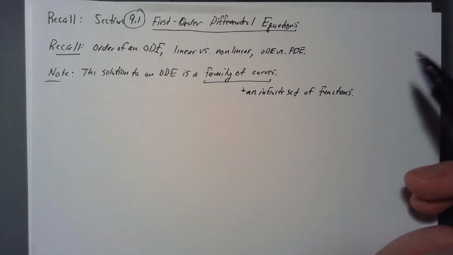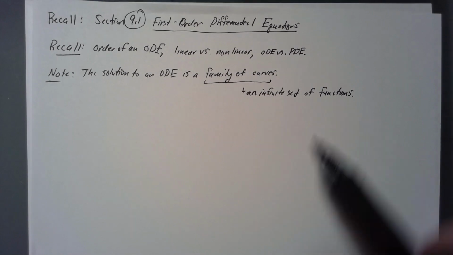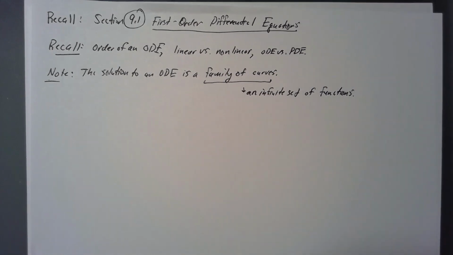I've mentioned that in class a few times, but that's the idea behind it. And I also mentioned this in class, that most differential equations that exist do not have particular solutions.